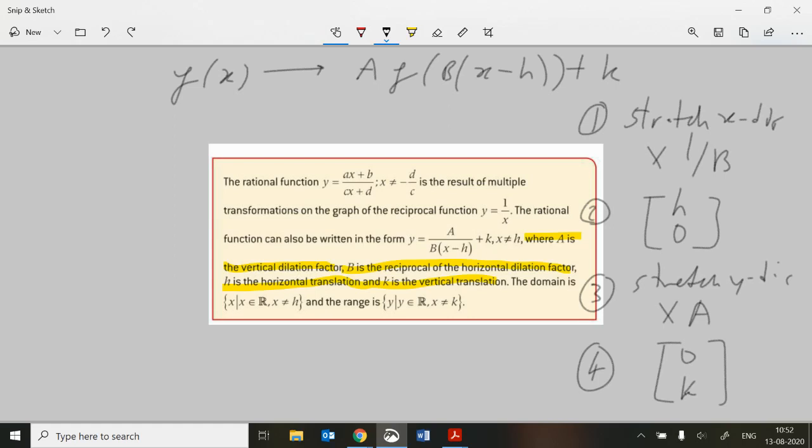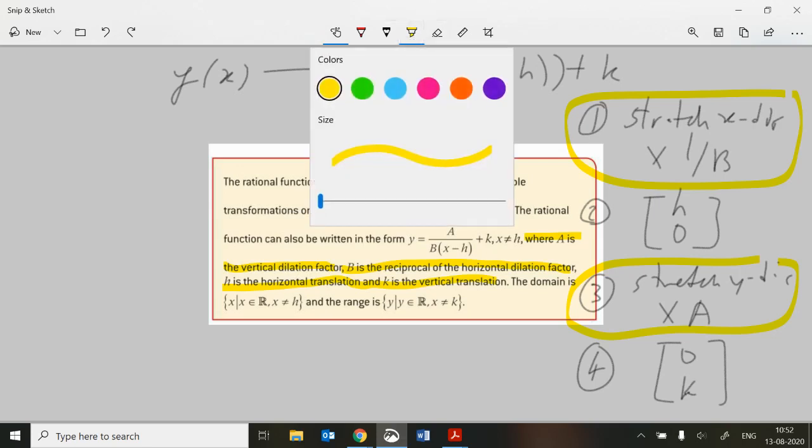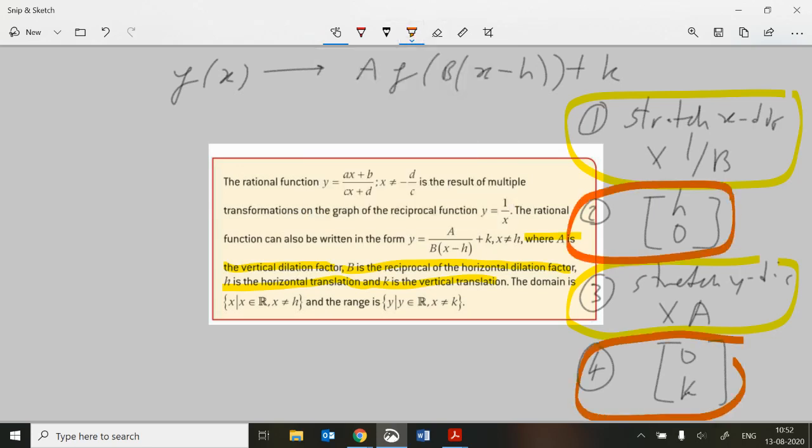So they've done the a first, and it's fine to mix the order up, as long as the stretch in x comes above the movement in x, and this stretch comes above this translation. So it doesn't matter if we switch those around, as long as they're both above these two orange ones. You have to do those stretches first when we've got it in this format, by the way. Okay.